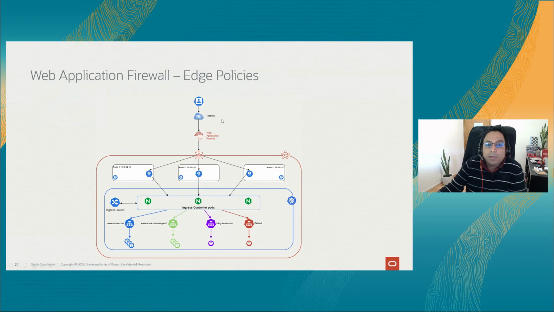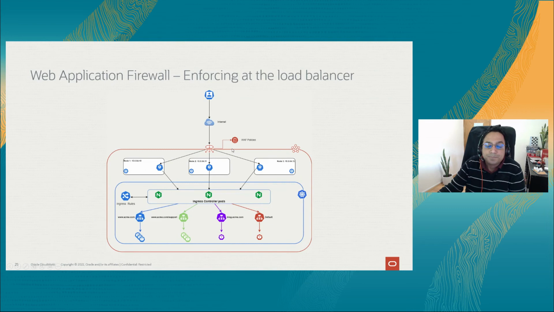And when you have created the edge policies, then you need to add your own additional protection. For example, captcha, threat intelligence or bot protection, or you want to implement OWASP top 10. These are the kind of policies that you need to implement.